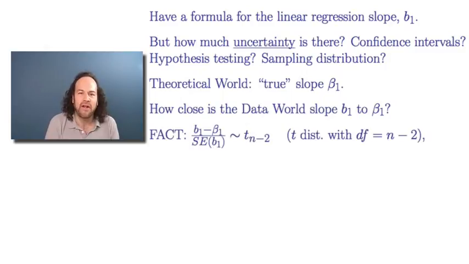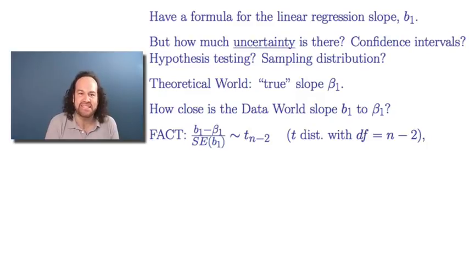Well, there's a very important fact that we're not going to justify here, but it says that this coefficient for the slope also satisfies a sort of t-distribution. And indeed, if you look at the experimental value B1 minus the true theoretical value beta 1 and divide by a certain standard error of B1 that we'll talk about in a sec, then that also has a t-distribution, kind of like those confidence intervals and hypothesis tests that we did before.